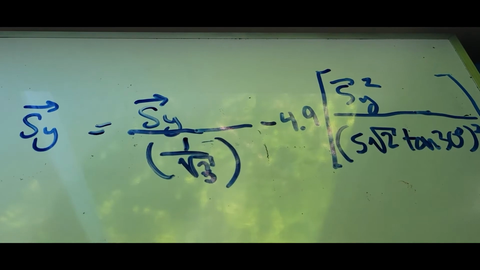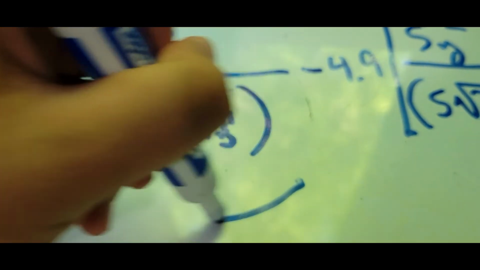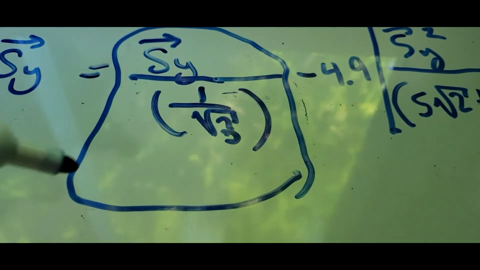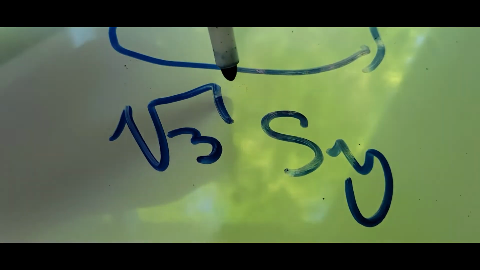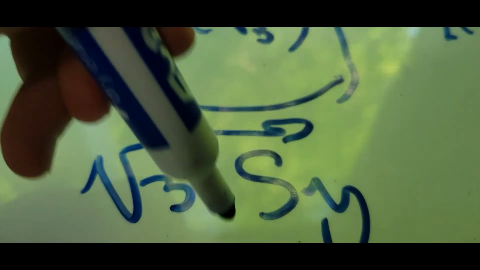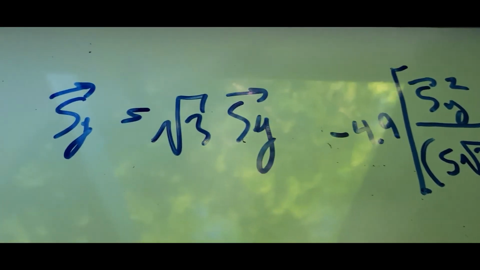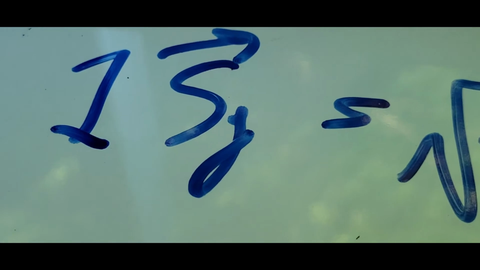Now we are left with this. So for this right here, this is the same thing as saying radical 3 times sy. So you can substitute that for this. Now that we have done that, we realize that for sy, this is the same thing as saying 1 sy.